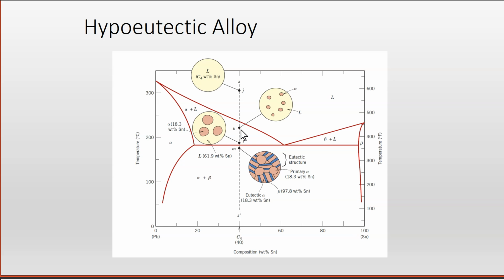And within this region, we're going to have liquid in equilibrium with alpha. The liquid will tend towards the eutectic composition. And when we hit this line here, the eutectic temperature, we're going to have alpha in equilibrium with liquid of the eutectic composition, and that remaining liquid will freeze as a eutectic. So we're going to end up with what is called primary alpha, the first phase to form during cooling, in a matrix of eutectic.